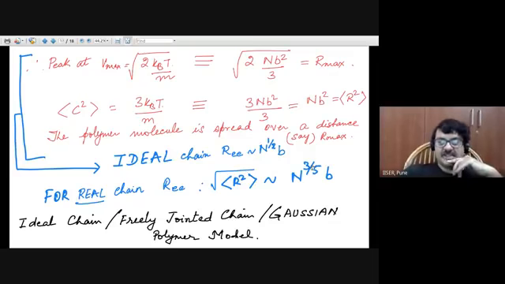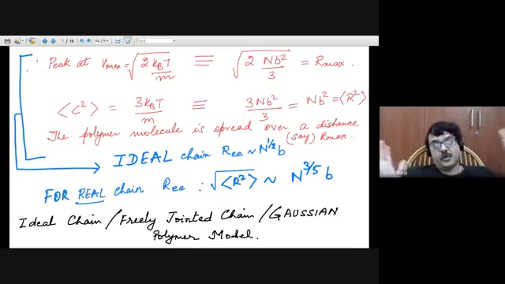But with this small change in the exponent, n to the power 3 by 5, calculate 1 million to the power 0.6, and you'll get a value around 4000, which is 4 times the spread of the ideal chain, and that's considerable.